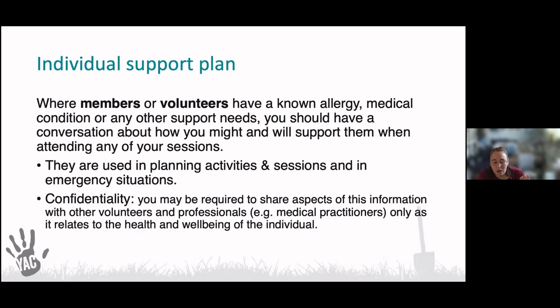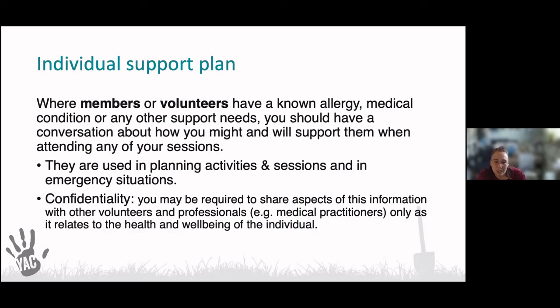So if you've got someone with a known food allergy, for example, and someone's planning an activity around creating food or eating food, you're going to give that information to the leader who is developing that activity to make sure that they get the right ingredients.